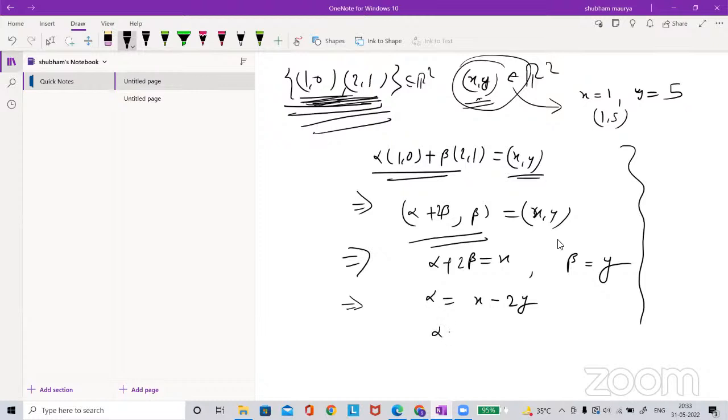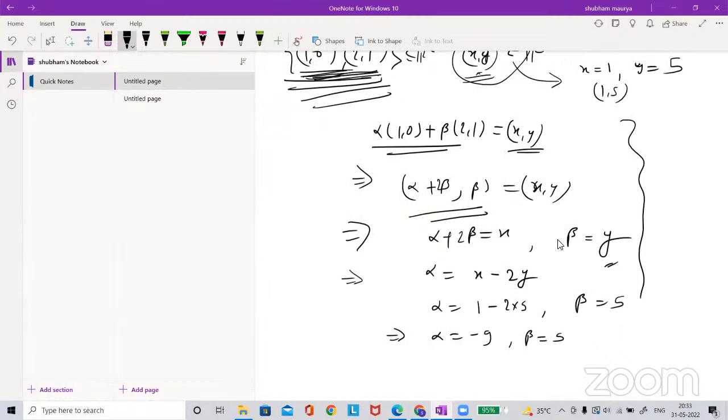Alpha is equal to x minus 2y, so with x equal to 1 and y equal to 5, alpha is equal to -9, and beta is equal to y, which means 5. So if you take -9 times (1,0) plus 5 times (2,1), it will give (1,5), right?